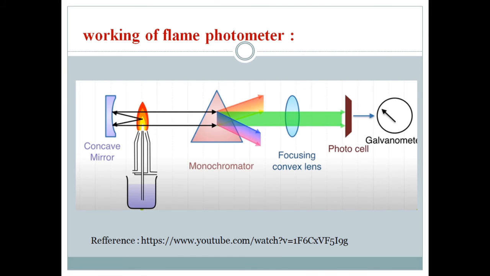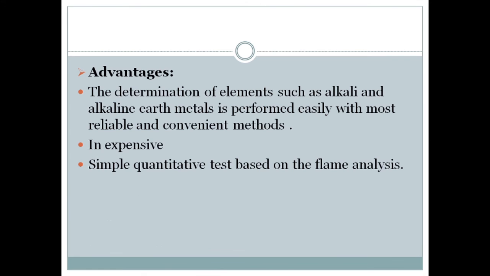This gives directly the intensity of radiation emitted by the excited atom. From intensity we get quantitative analysis, and with the help of wavelength we get qualitative analysis. This is the simple working of the flame photometer.